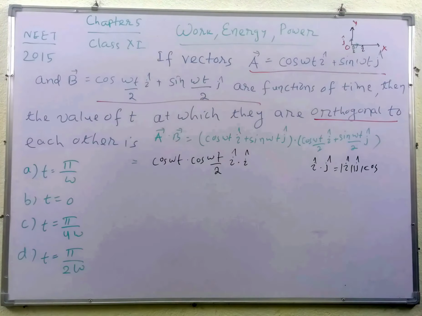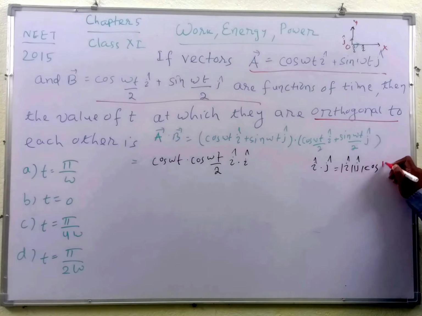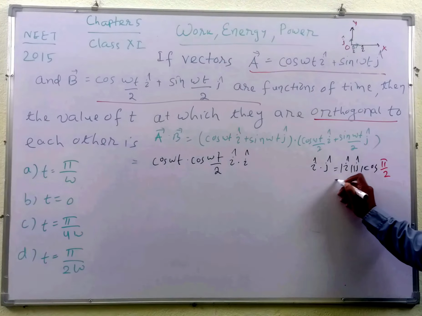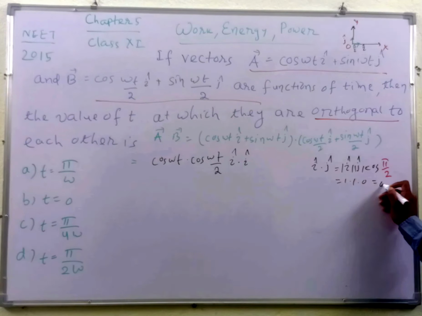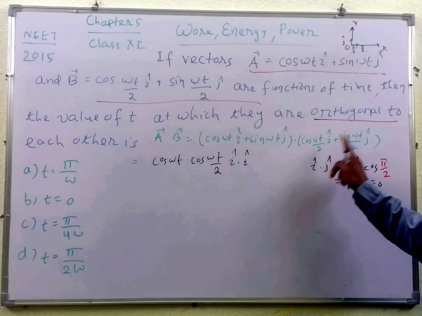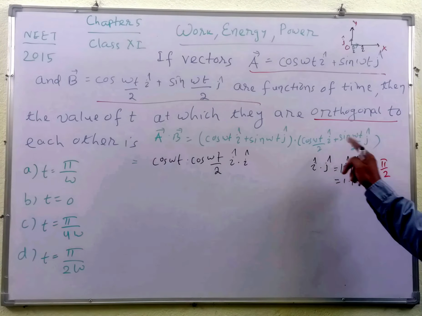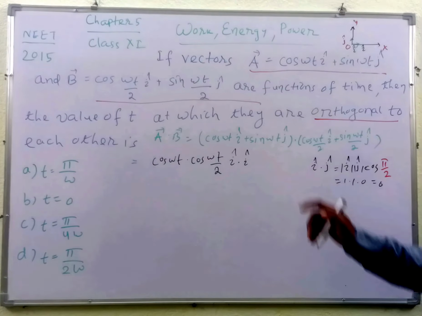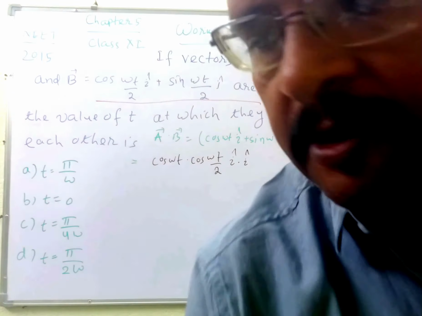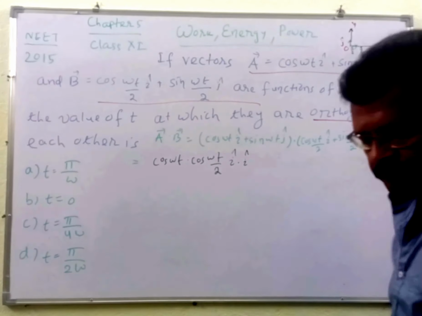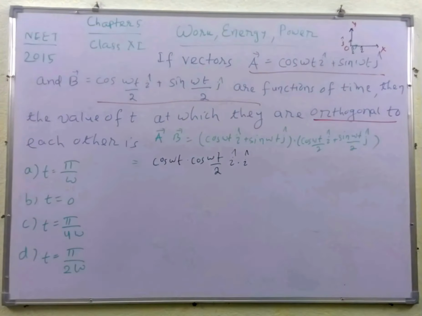So the angle between them is pi by 2, or this becomes 1 into 1 into 0 is equal to 0. Similarly, this i dot j term will be 0, and similarly the j dot i terms will also vanish, and there will be only two terms left, the i dot i term and the j dot j term. The other two terms will simply vanish.